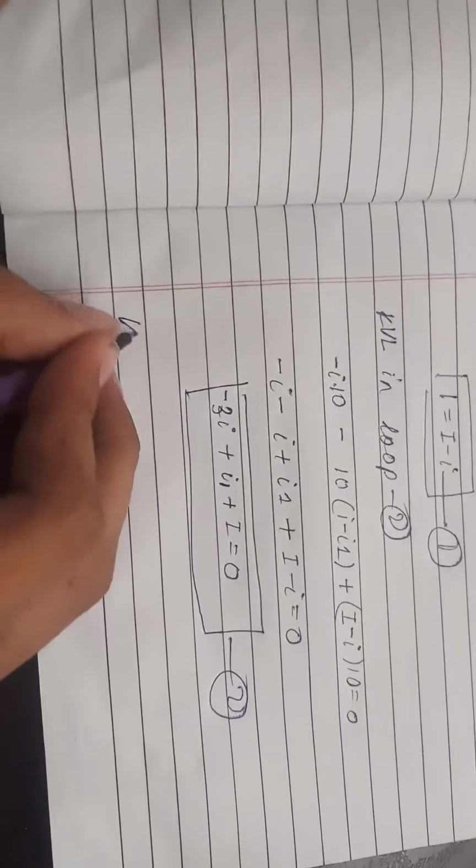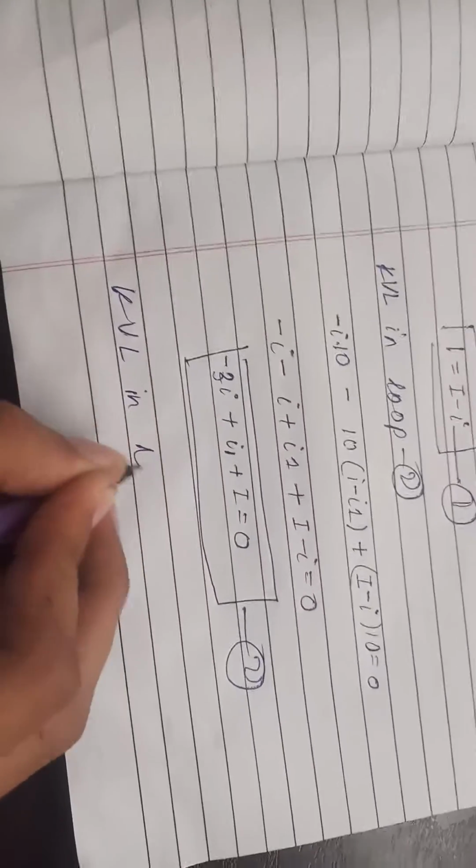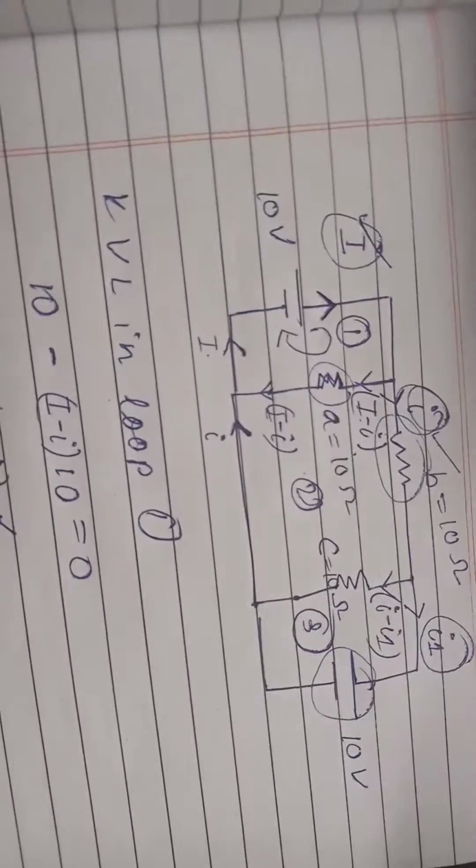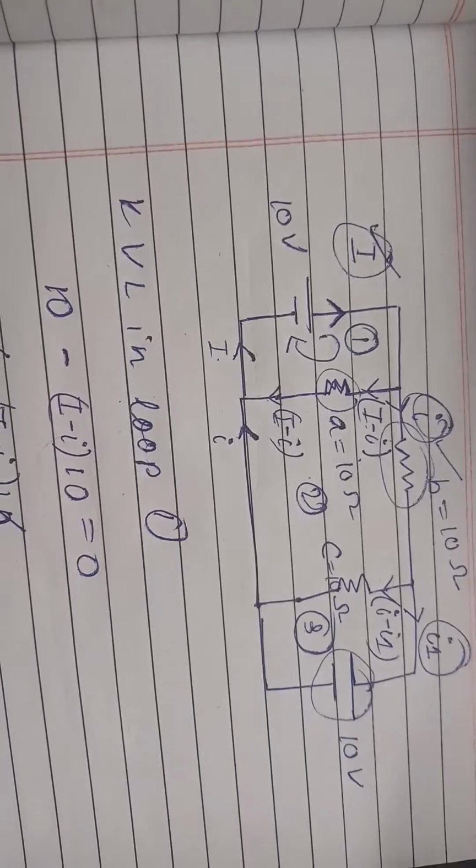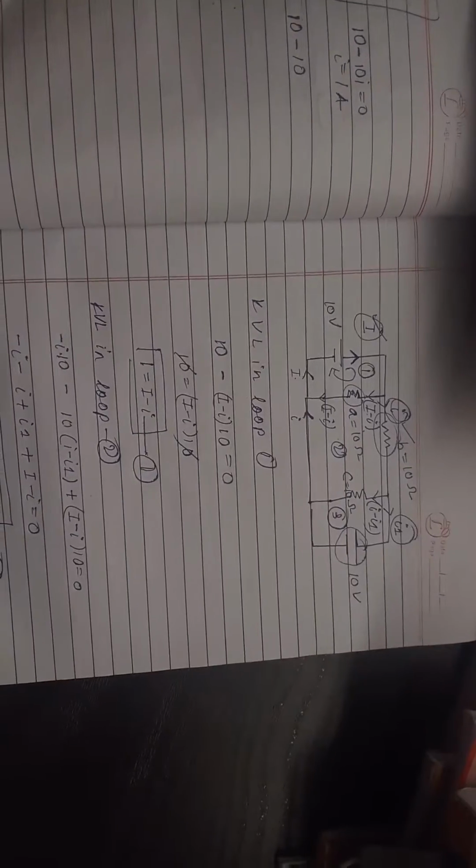Now KVL in loop 3. Look at it carefully. Is it clear? Yeah, it's focusing right now.